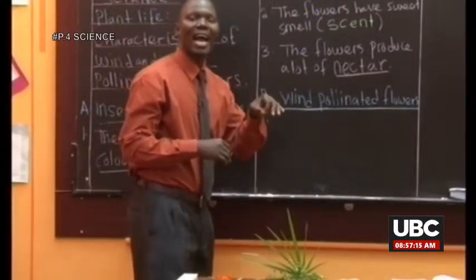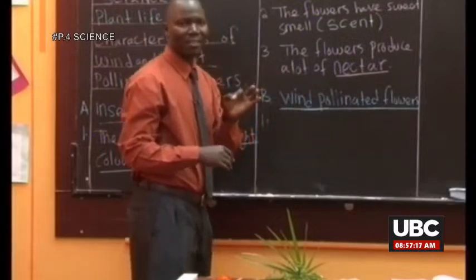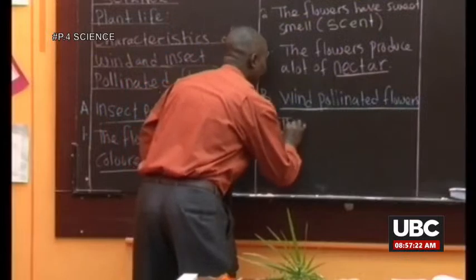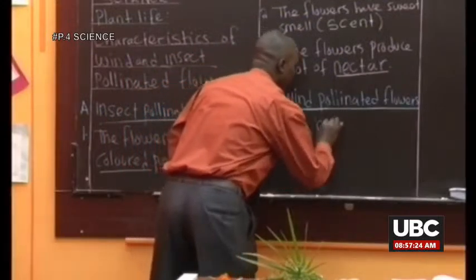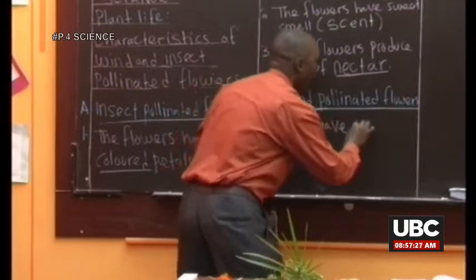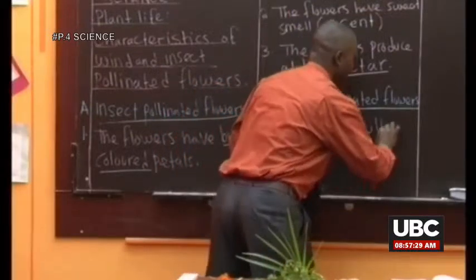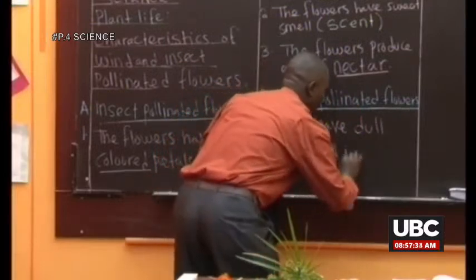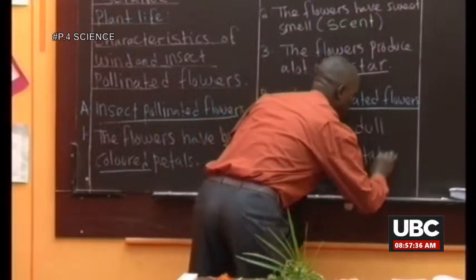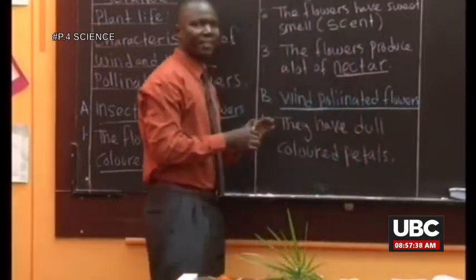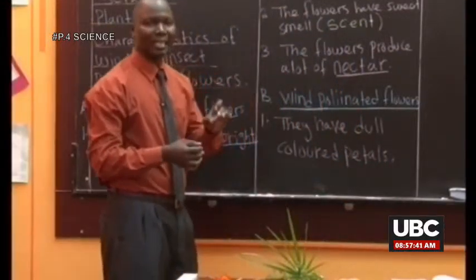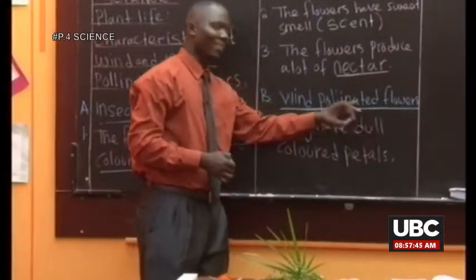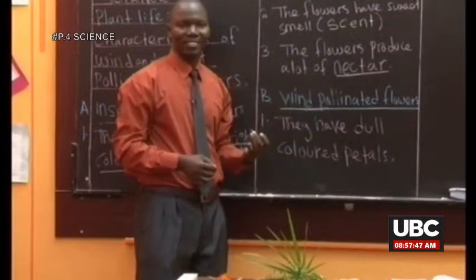So number 1, we shall say they have dull colored petals. Whereas our friends have brightly colored petals, these ones have dull colored petals.